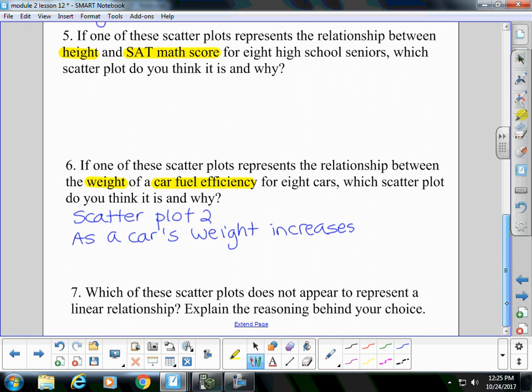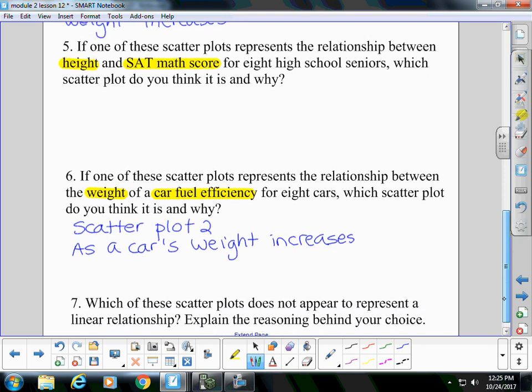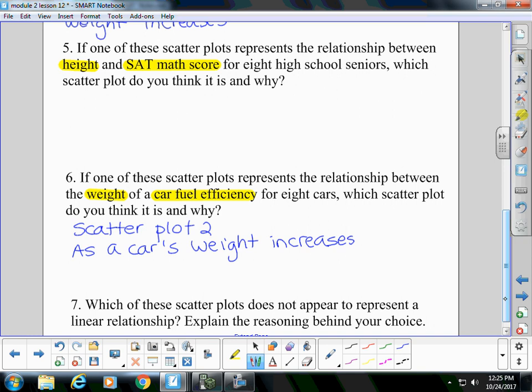Little cars get better fuel efficiency compared to a big truck. The fuel efficiency decreases.